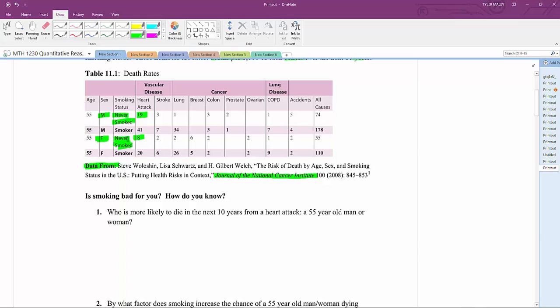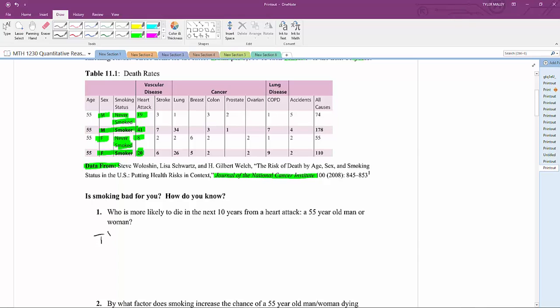So just looking at the never smoked, the males have a higher rate. And then if we compare smokers, the male smoker has 41 and the female smoker only has 20. So the males have a higher rate again. So we don't need to specify smoking or not because the males win in both cases.